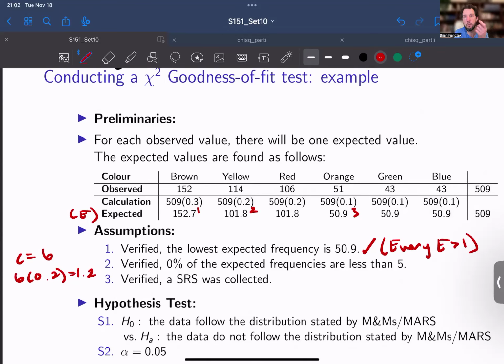In the context of this problem, if we had 2 expected values less than 5, this assumption would not be met. But if we only have 1 expected value less than 5, this assumption would be met. In this case, our lowest expected value is once again 50.9, which is bigger than 5, so we have 0 expected values less than 5. So we are once again okay here.